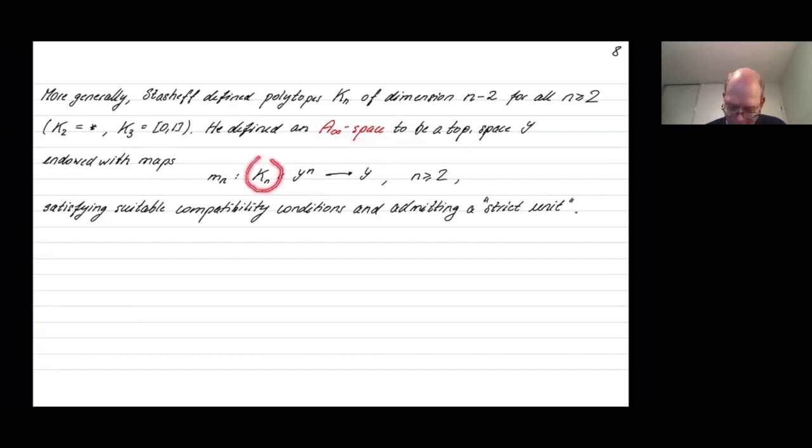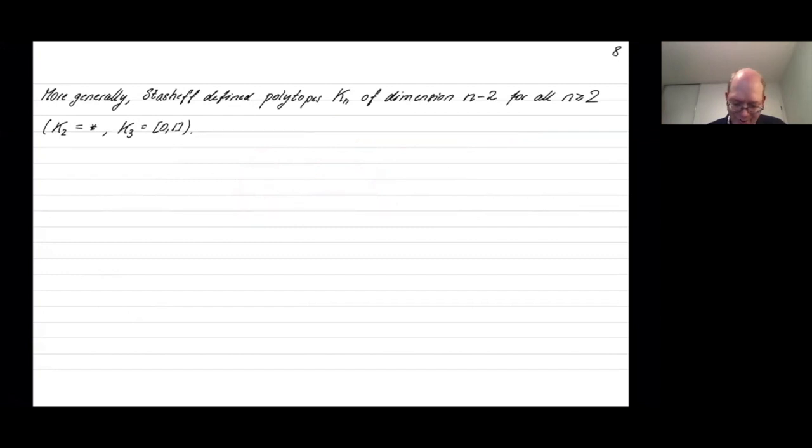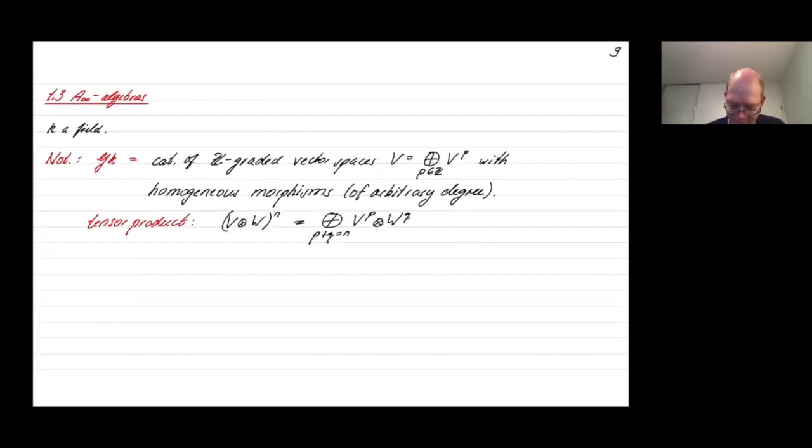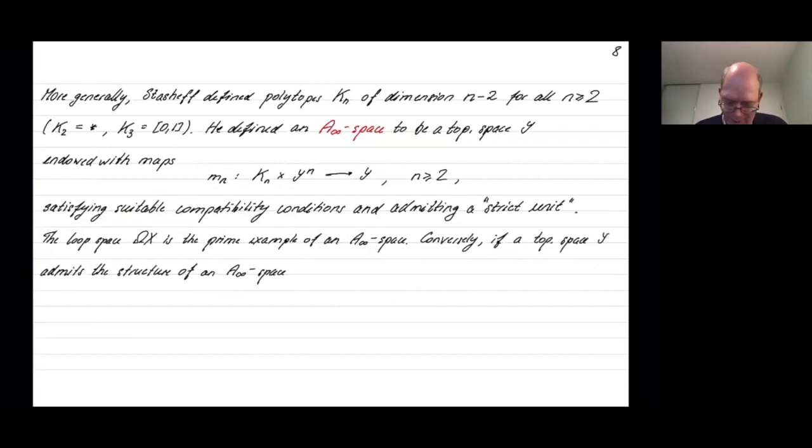And these operations have to satisfy certain compatibility conditions corresponding to the face inclusions of the Kn, as we have seen them. He also imposed the existence of a strict unit. And so by construction, the loop space is the prime example of such an A infinity space.